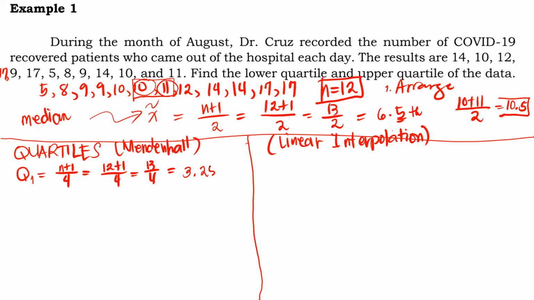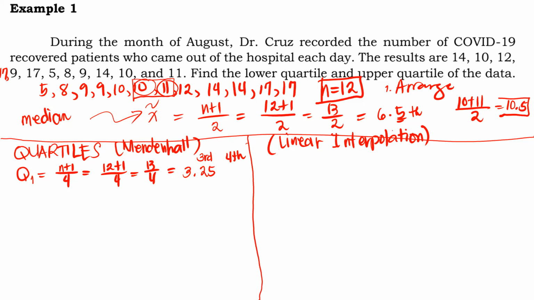Ayan o. May nakita kayong 0.25. So, ibig sabihin, ito ay nasa pagitan ng third at fourth data. Pero, meron kang 0.25 na kailangan i-identify.